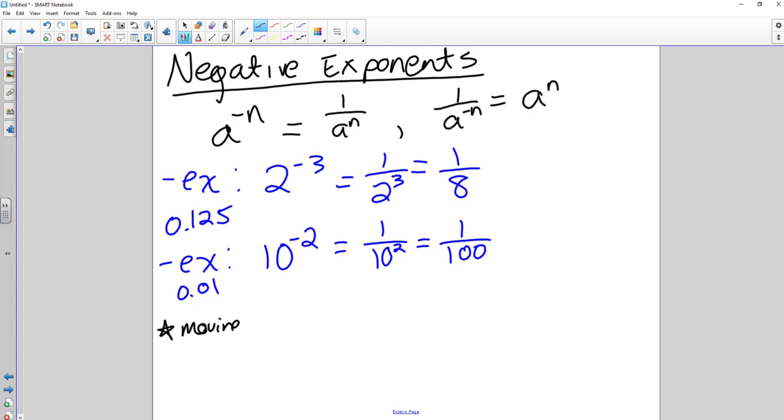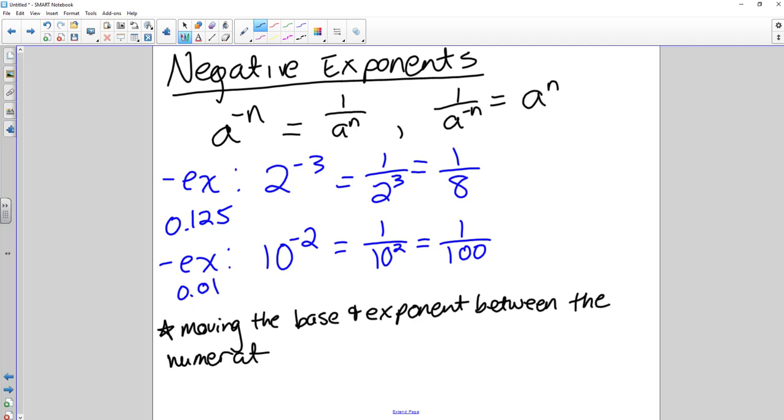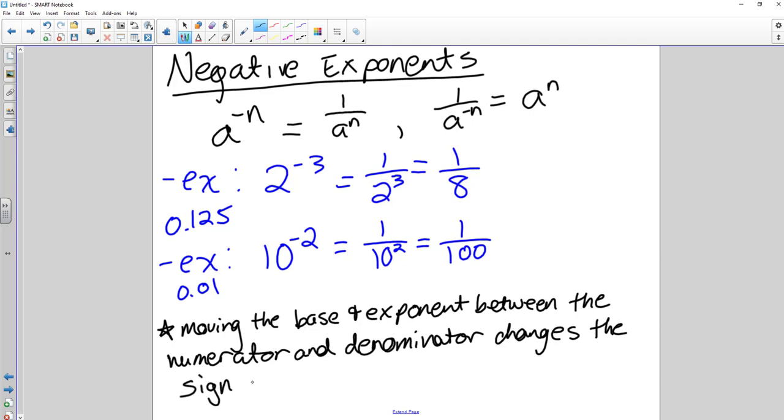Moving the base and exponent between the numerator and denominator changes the sign of the exponent. Notice, nothing else changes. The base does not change, just the sign of the exponent.